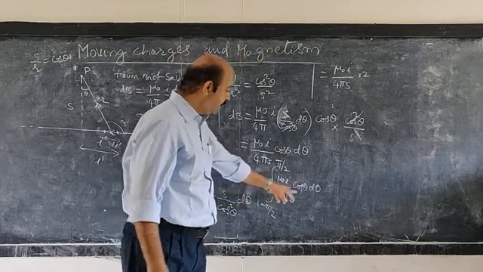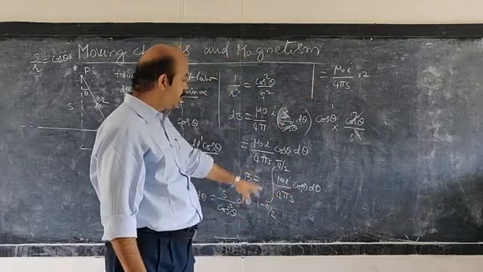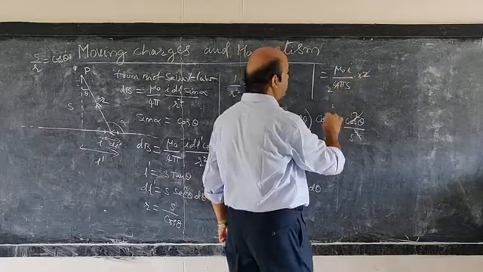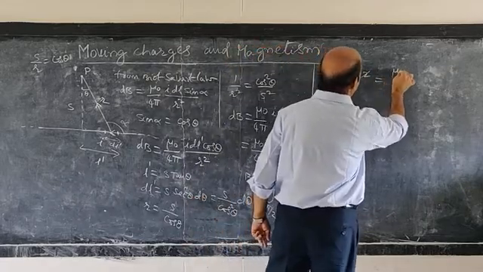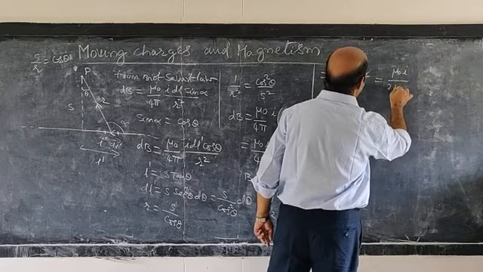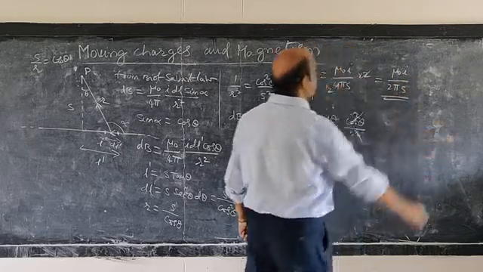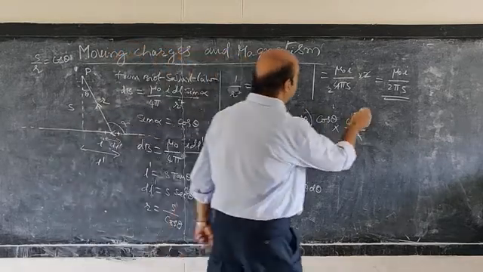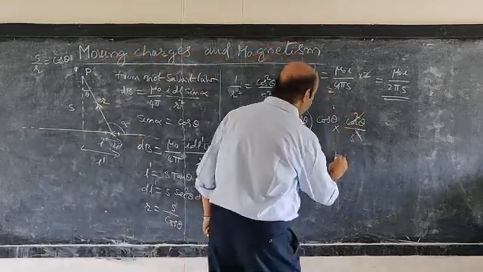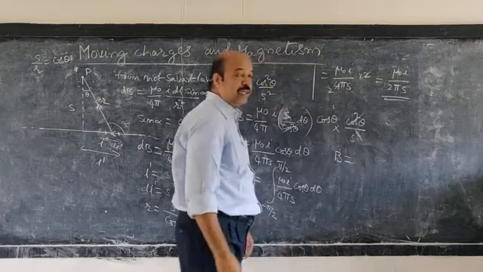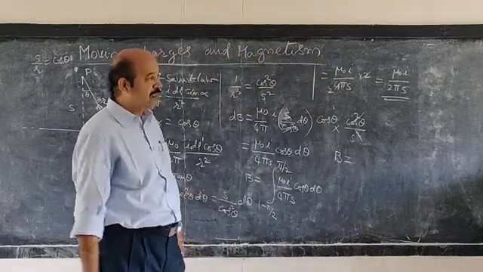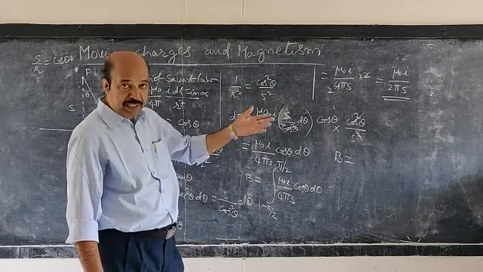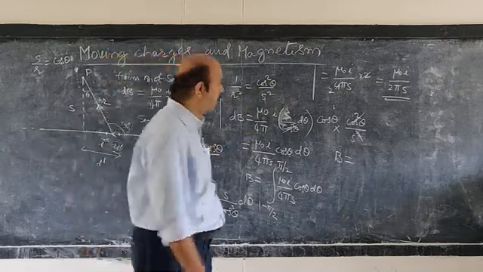So on integrating this function and substituting the limits, we get a 2. Therefore 2 times. Hence the formula we get is mu naught I by 2 pi s. So this is the magnetic field produced by a straight current carrying conductor of infinite length at a perpendicular distance s from the conductor.